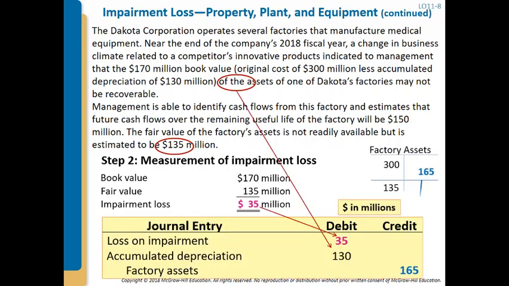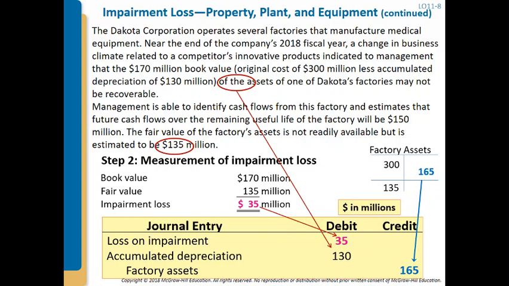And note what they do here. If they're taking an impairment loss of $35 million, that means they need to get their book value down to 135.